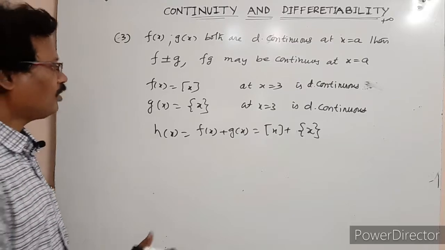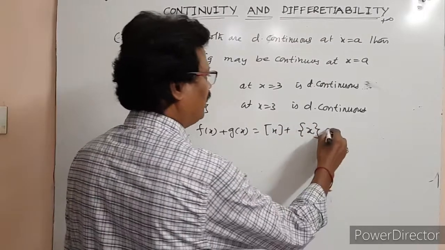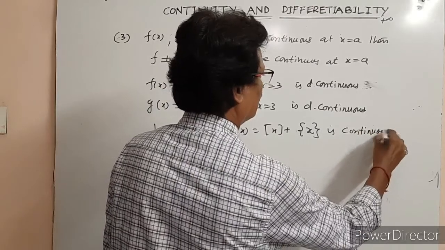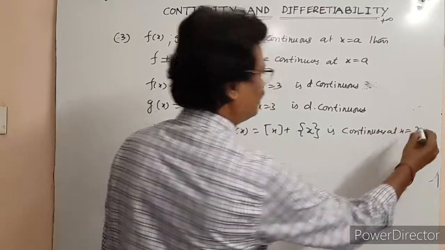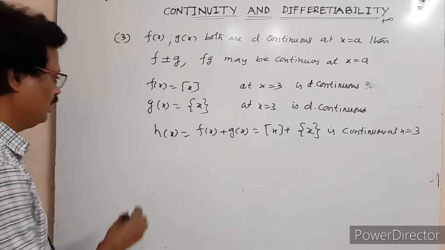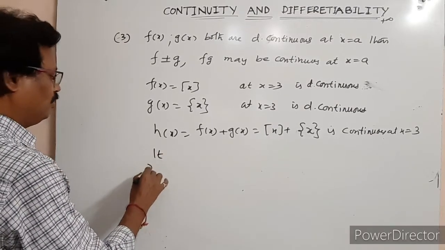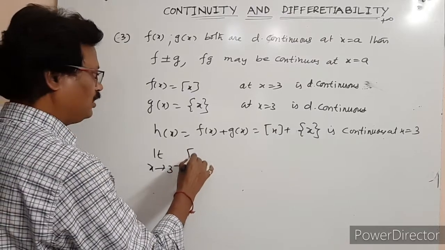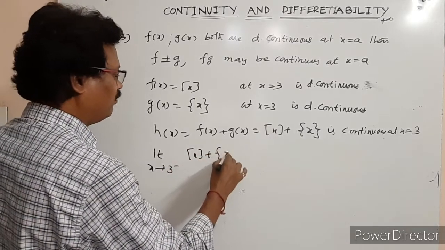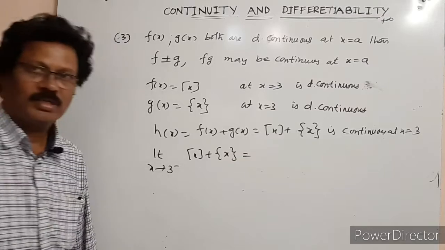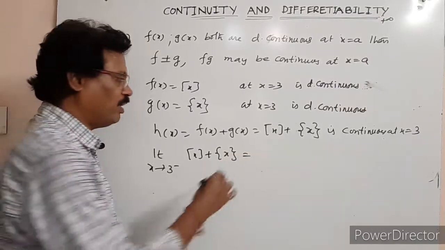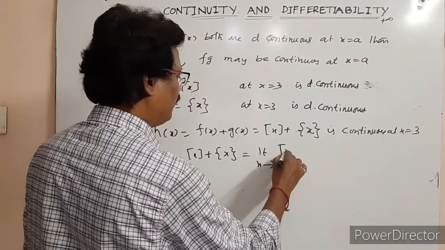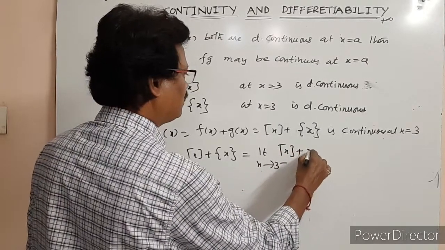Now, here this sum is continuous at x equal to 3. Let us write that. Limit x tending to 3 minus of step x plus fractional part of x. What is the fractional part of x? It is x minus step x.